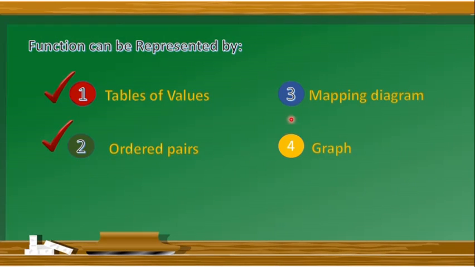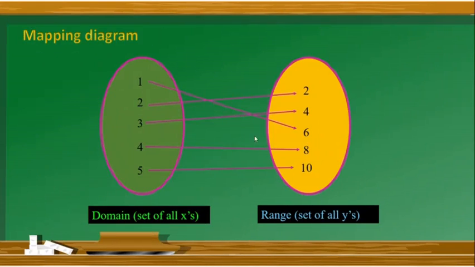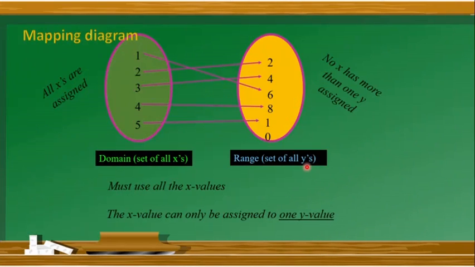Okay, the next is the mapping diagram. In a mapping diagram, we have the set of the domain consisting of the values of x and the set of the range containing the values of y. How do we determine whether the diagram shown is a function or not?